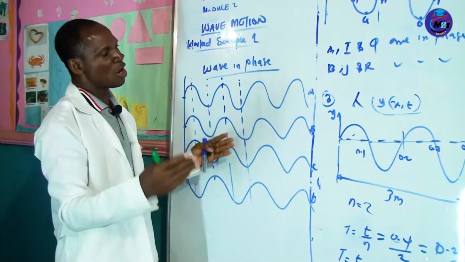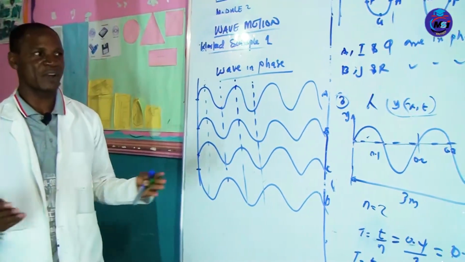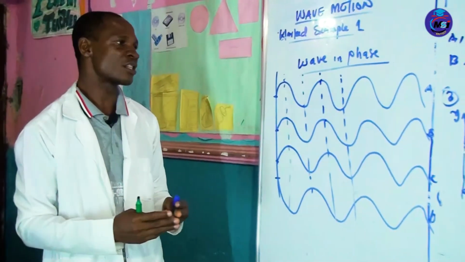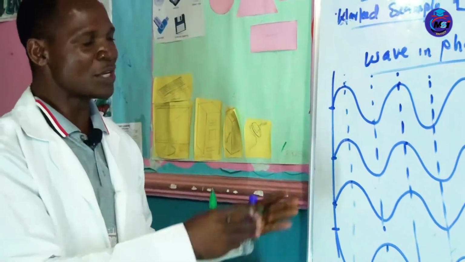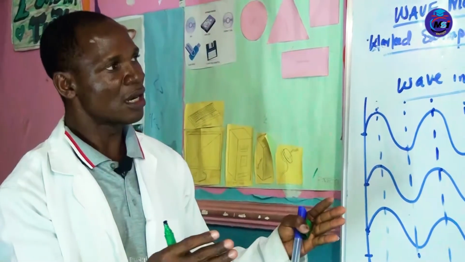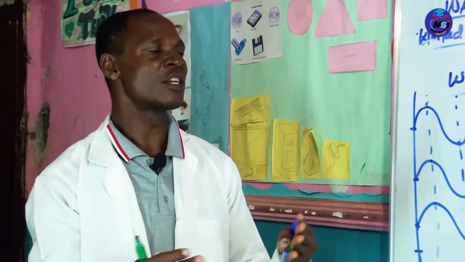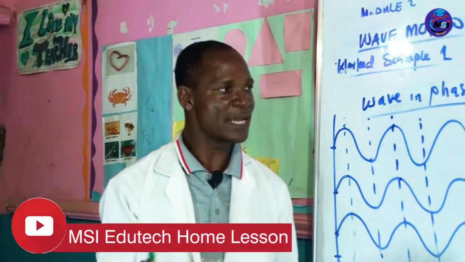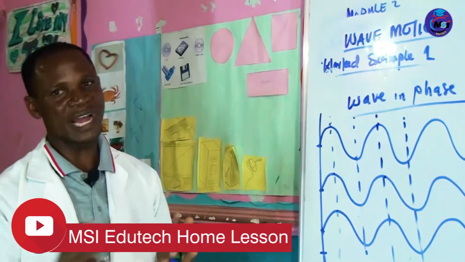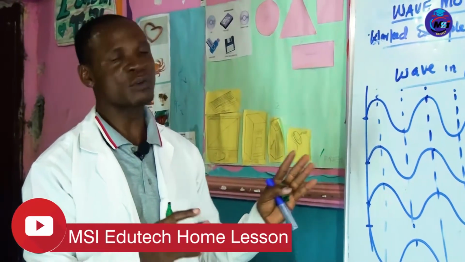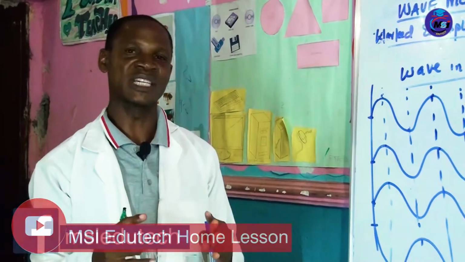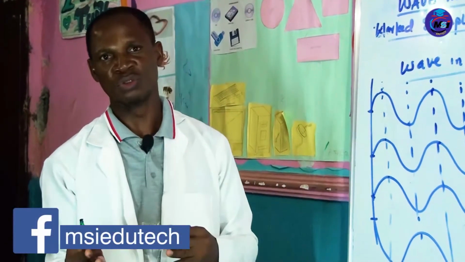Going with me, you will now see that the concept of wave is a very simple thing that you can get the knowledge. So with these few things, look at the whole thing over and over again, and you will see that the concept of wave motion is very, very simple and direct. There's no ambiguity there. So student, I hope you have a good time with these few topics that we have been able to consider in module 2.